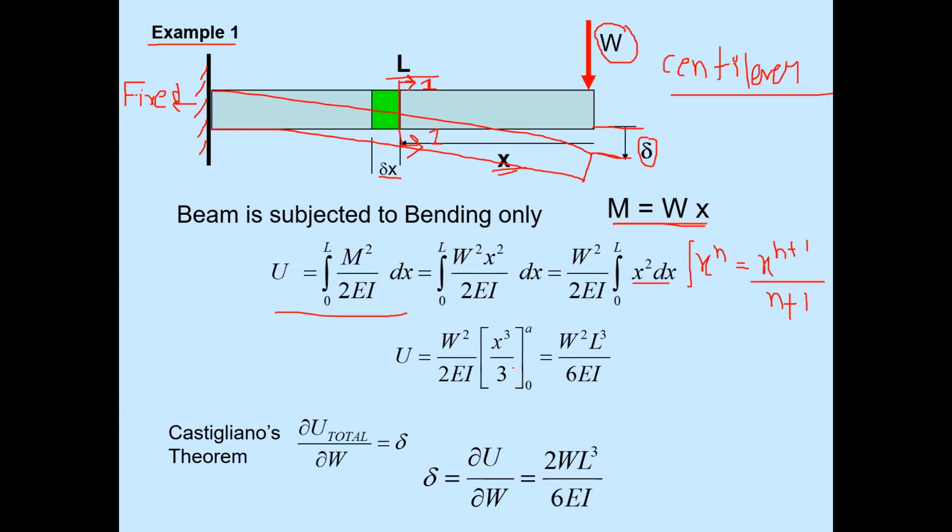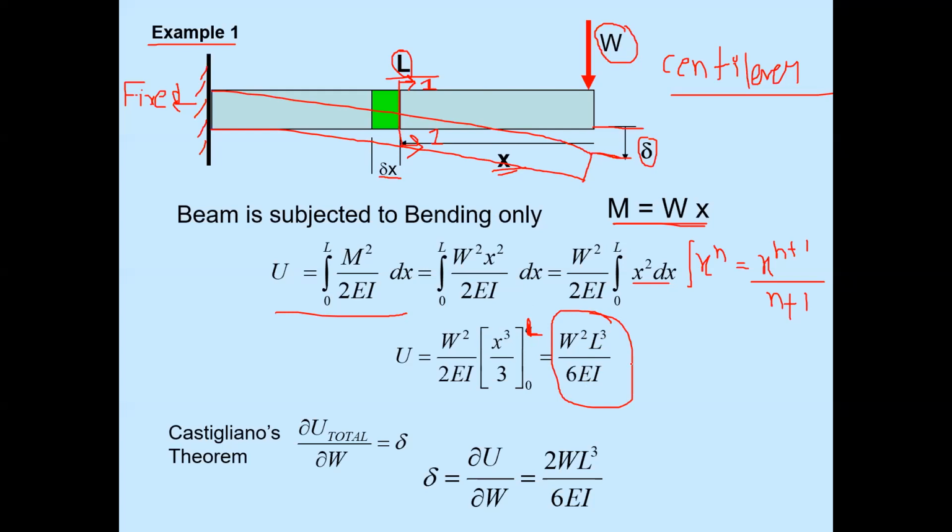The limit here will be 0 to L. I think it is wrong in your PPT, it should be L, because the length of the member is L. Please correct it. So the final strain energy stored in the member is W square L cube upon 6EI.